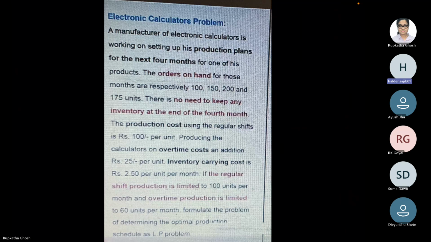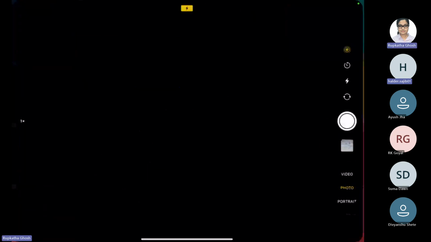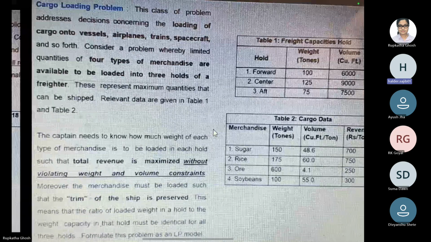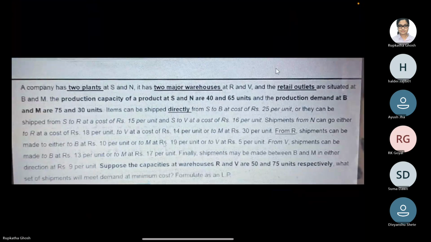The final question was something different: suppose the capacity at warehouse R and D is 50 and 75. But the actual question is, what set of shipments will meet the demand at minimum cost?